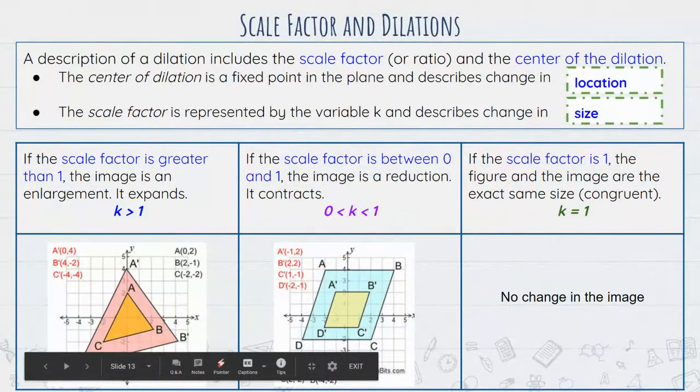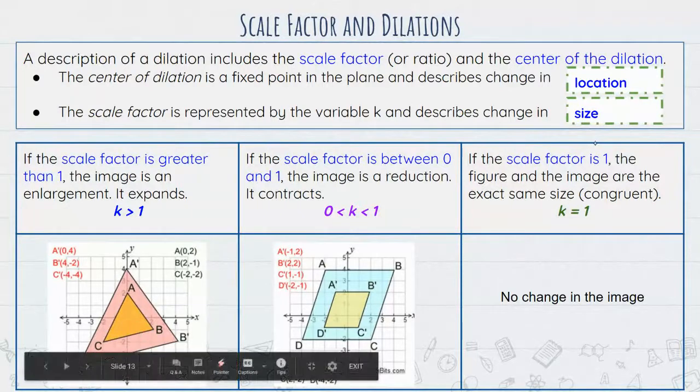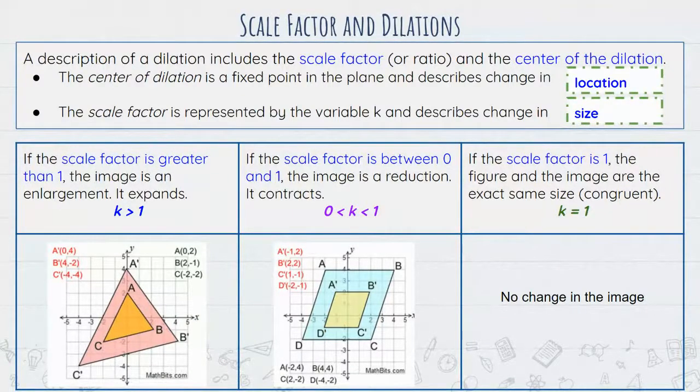Okay, so scale factor and dilations. On both of these images, our center of dilation is the origin, (0, 0). The center of dilation is a fixed point in the plane that describes change in location. So what are we dilating about?